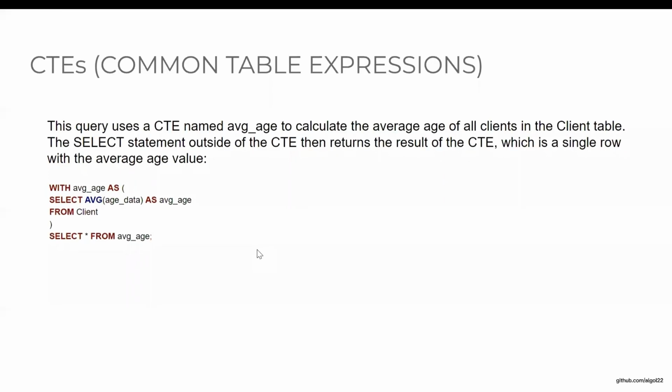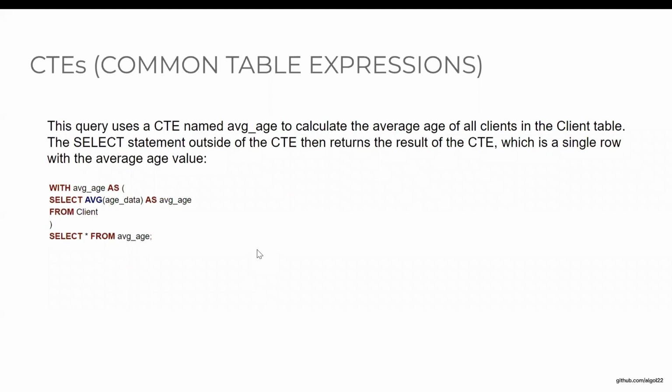A common table expression, also known as CTE, is a temporary named result set that can be referenced in an SQL statement. A CTE is similar to a subquery, but it provides several advantages, for example, making the SQL code more readable and maintainable.